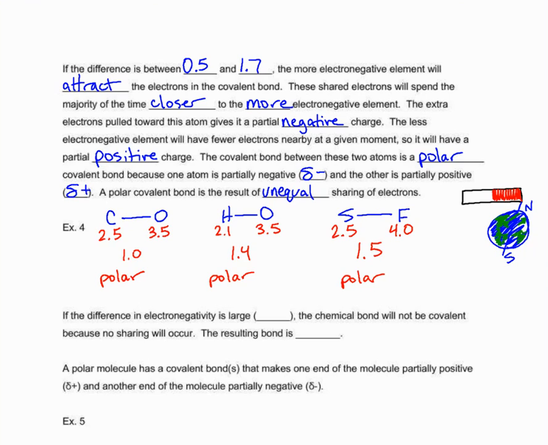This is a very polar covalent bond. If the difference in electronegativity is large, as in greater than 1.7, the chemical bond will not be covalent because the more electronegative element is pulling the electron so hard that it will not share at all, and the resulting bond ends up being ionic.